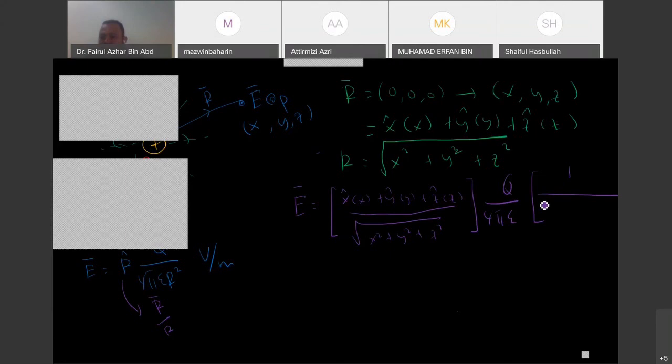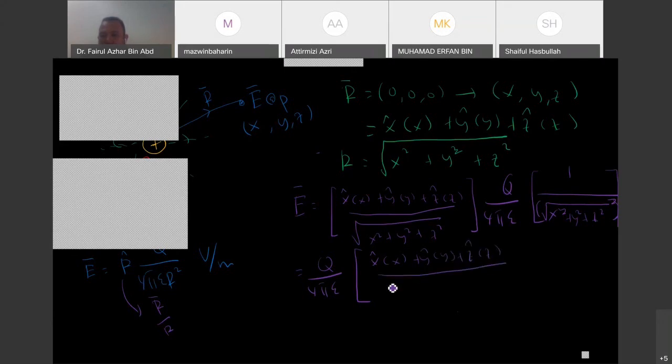So we will have y squared plus z squared with the power of 2 here. The solution will be as follows: q divided by 4 pi epsilon, multiplied by the vector r, so x cap x plus y cap y plus z cap z, divided by x squared plus y squared plus z squared.